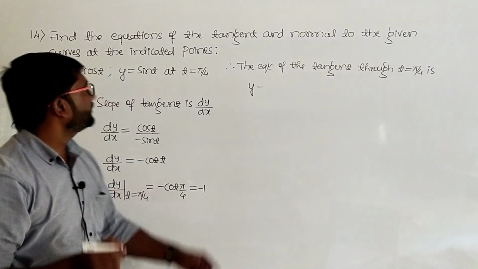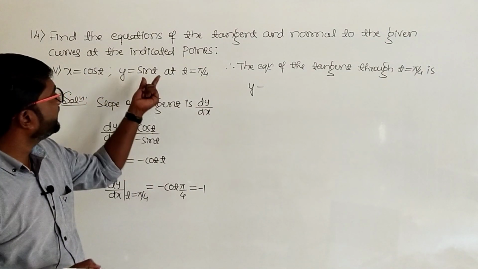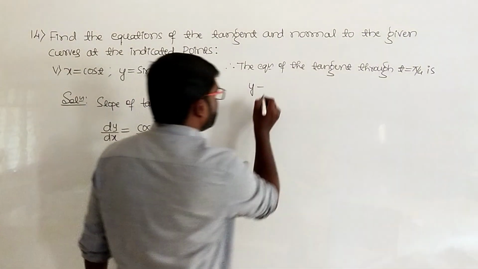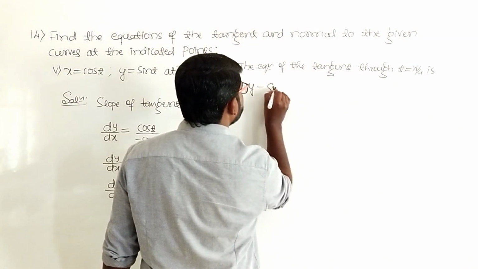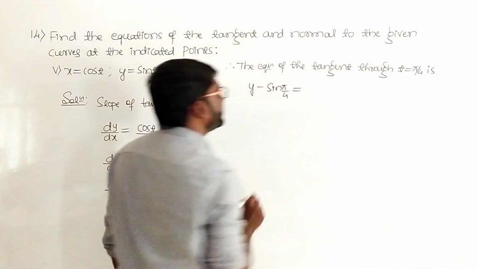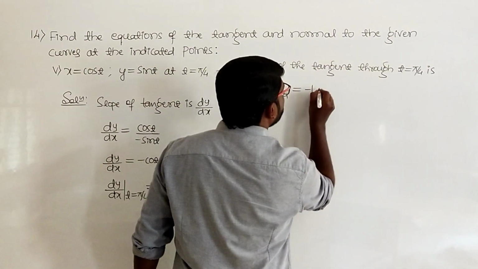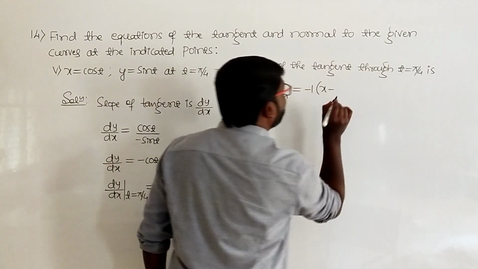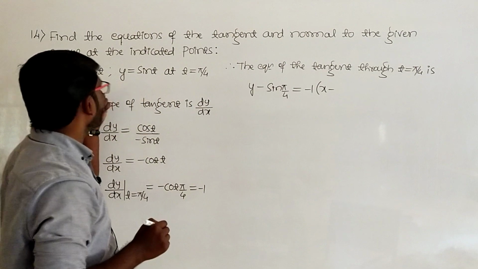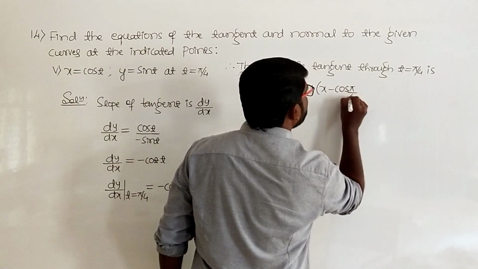What is y naught? y is sin t. So y naught is going to be, at t equal to pi by 4, sin pi by 4. So y minus sin pi by 4 equals f dash of x naught, so that is minus 1, into x minus x naught. x naught is going to be cos pi by 4.